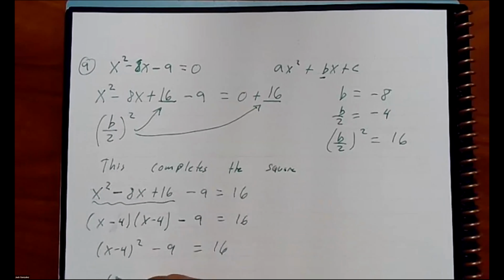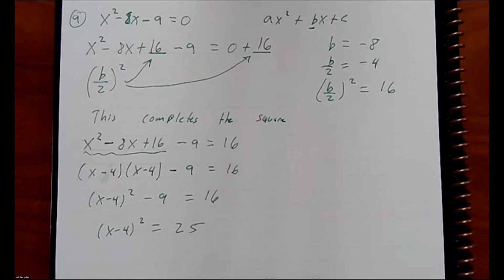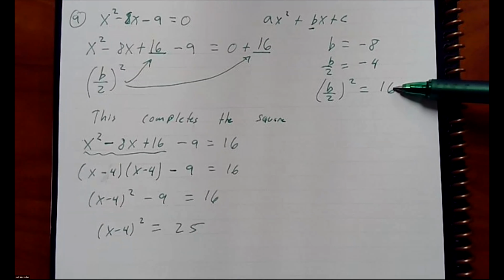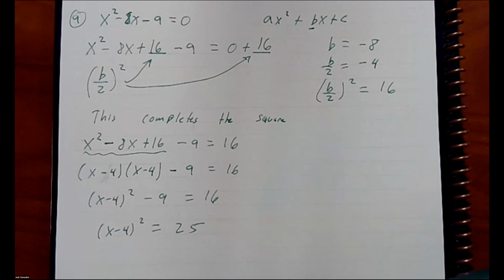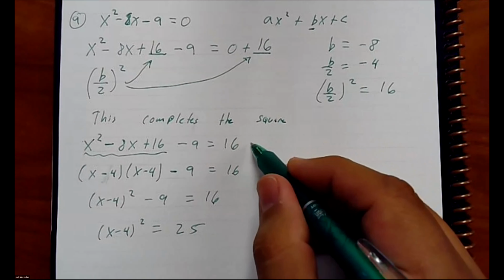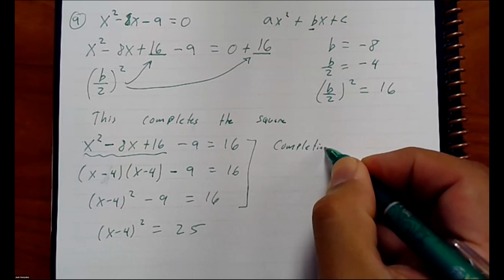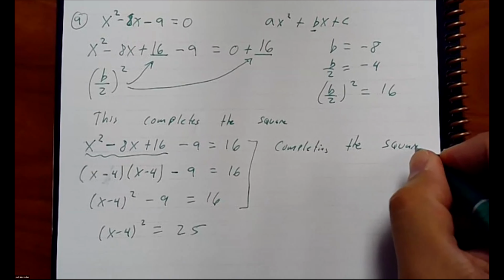So add the 9 over, and we end up with 25. I'll slow down here for a second. Do you understand the completing of the square and then the factorization and setup? Let me know if there's anything unclear, okay?